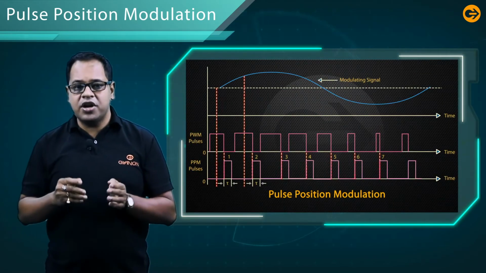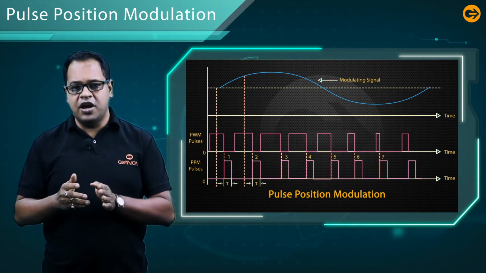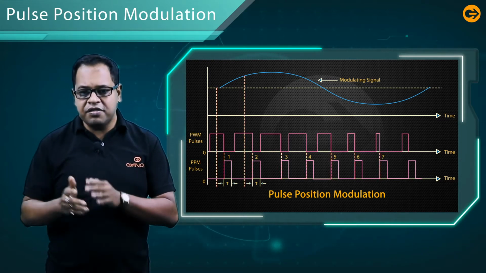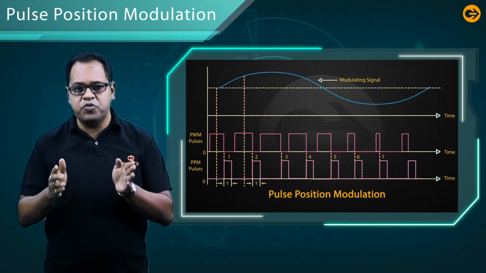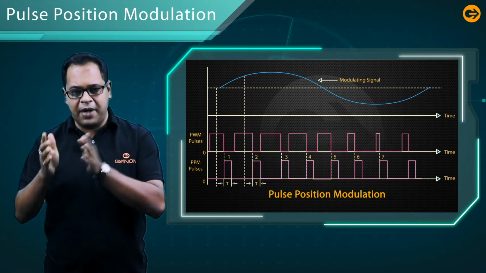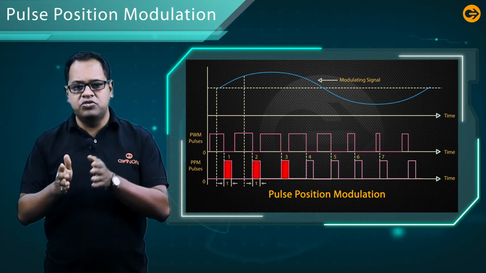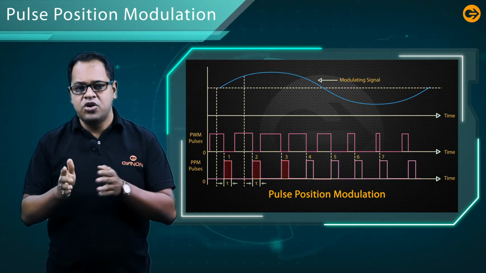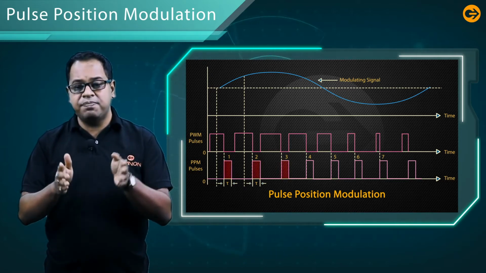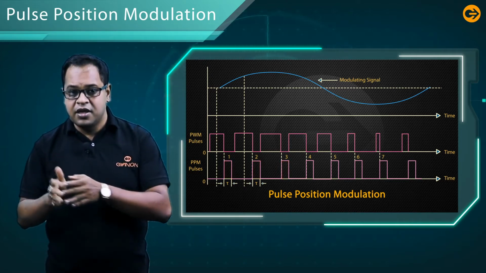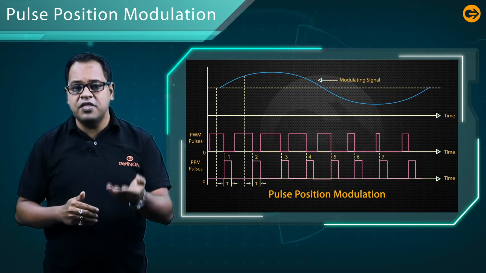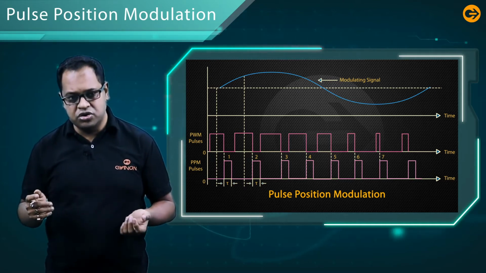The vertical dotted lines drawn in the figure are treated as reference lines to measure the shift in position of the PPM pulses. The PPM pulses marked 1, 2, 3 in the figure go away from their respective reference lines. This corresponds to an increase in the modulating signal amplitude.